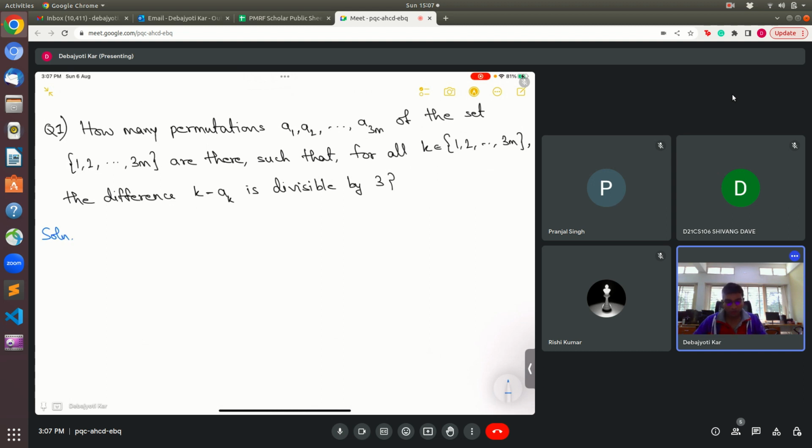First of all, note when will 3 divide this difference? When will 3 divide k minus ak? This is going to happen only when the remainders obtained on dividing k and ak by 3 are equal, right?